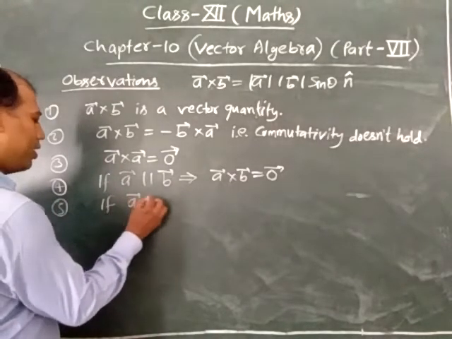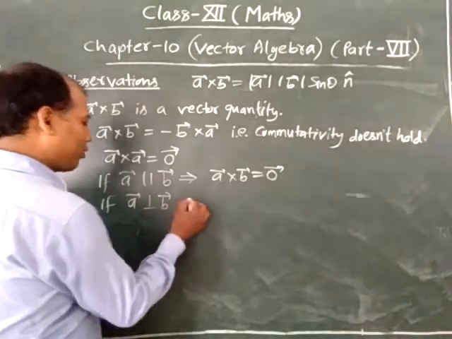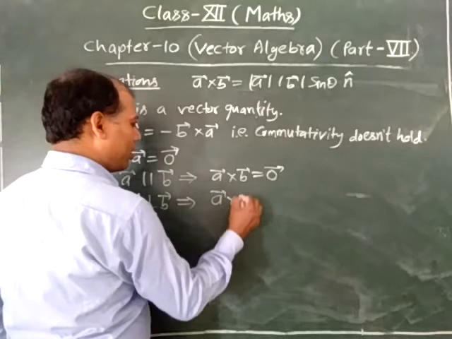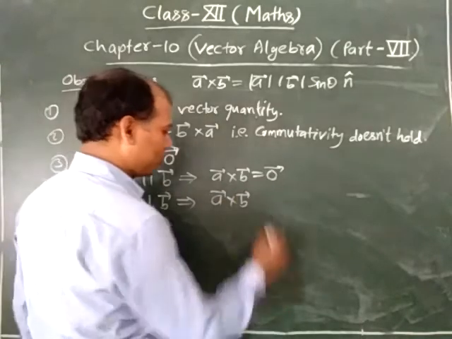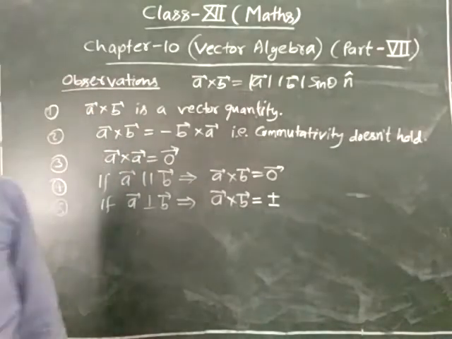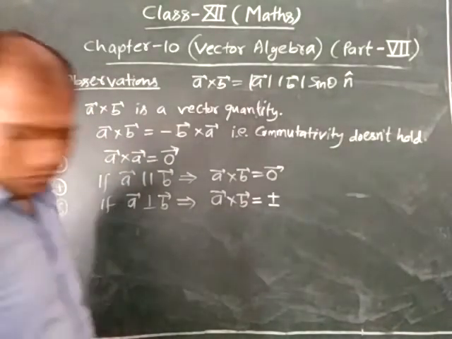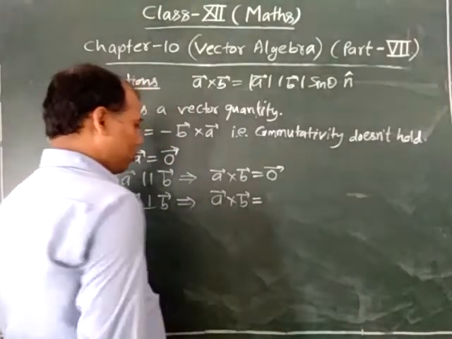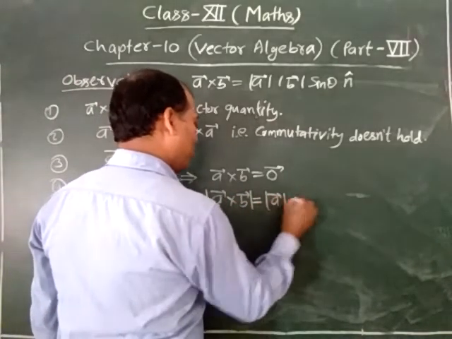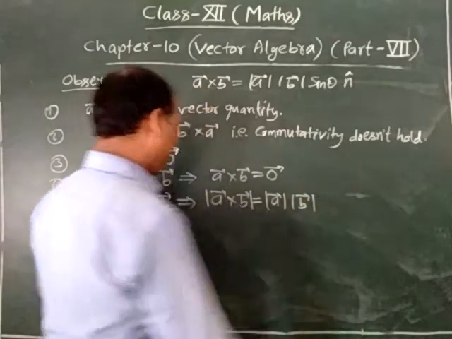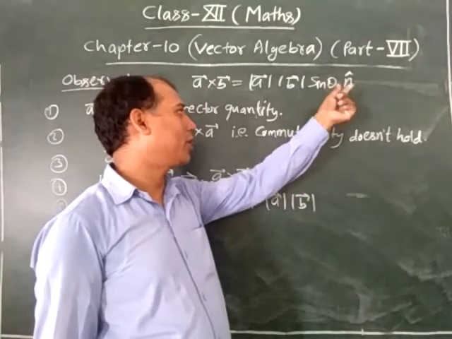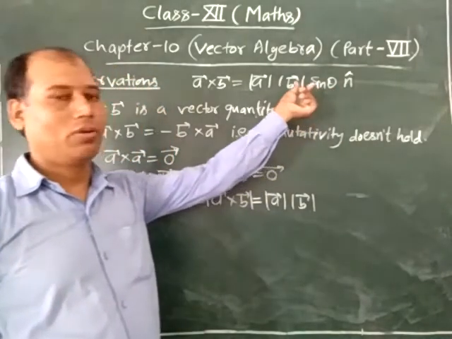If vector A is perpendicular to vector B, this implies modulus of A cross B is equal to mod A mod B, because when A is perpendicular to B, in that case theta becomes 90 degree and sin 90 is 1.